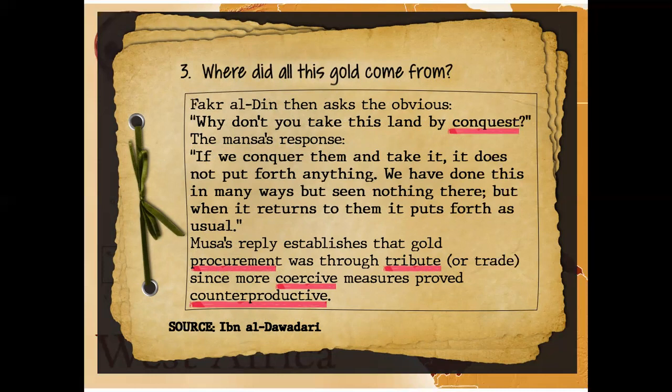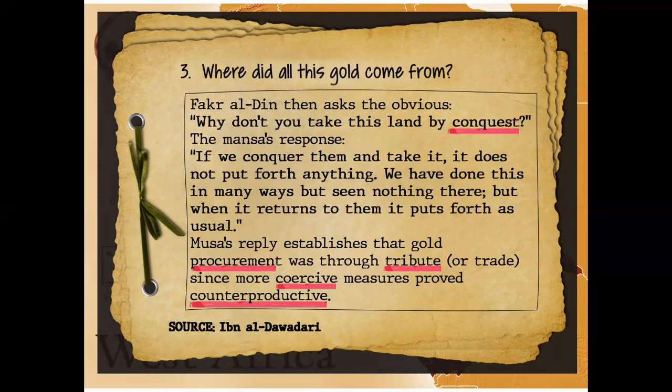And it says that trying to get gold by threatening violence was counterproductive. And you see from your glossary that the term counterproductive means a different result than what you were hoping for, or the opposite of what your goal is or what you intended.